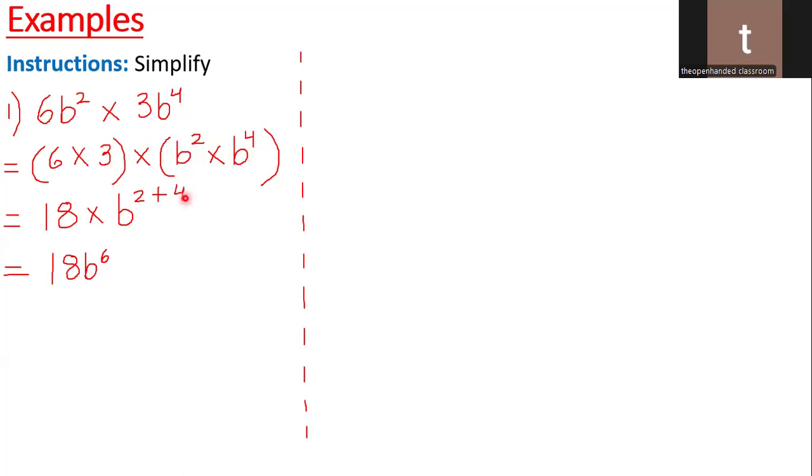How did I get 18? From multiplying 6 and 3. Okay, and how did I get b to the 6? Because you multiply 18 by b2 plus 4. Very good. Because we add the powers, same base, so we add the powers.